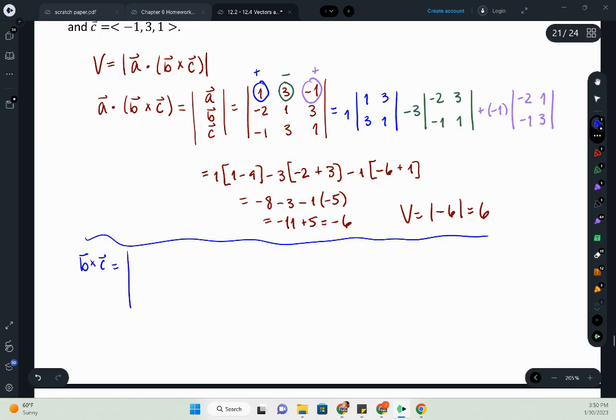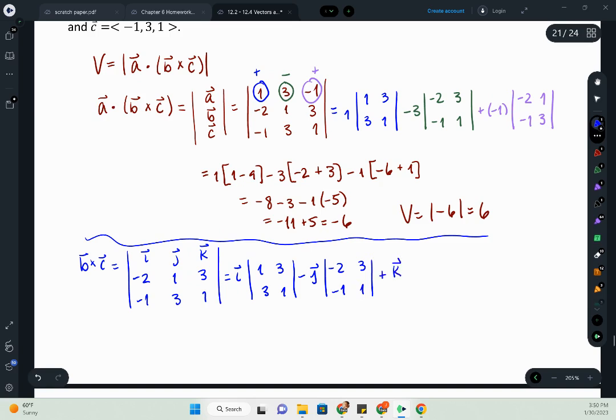Like this. So I'd have my i, j, k, and then I'd have my B vector, negative 2, 1, 3, negative 1, 3, 1. This would be i hat times (1, 3, 3, 1) minus j hat times (negative 2, 3, negative 1, 1) plus k hat times (negative 2, 1, negative 1, 3).